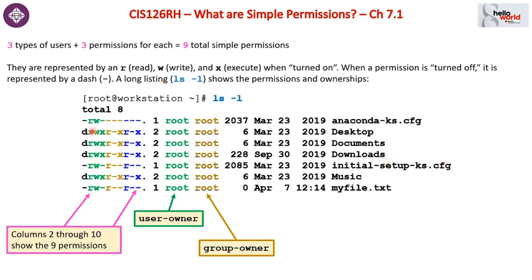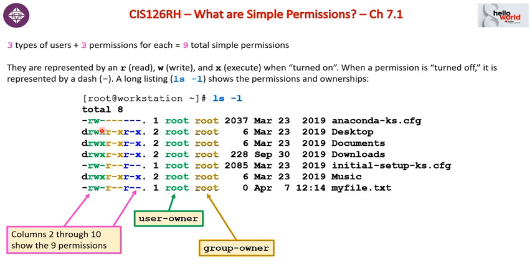And then let's take a look at this real quick. You'll notice that every single directory here, desktop, documents, downloads, music, have RWX, so the user owner can read, write, and execute.